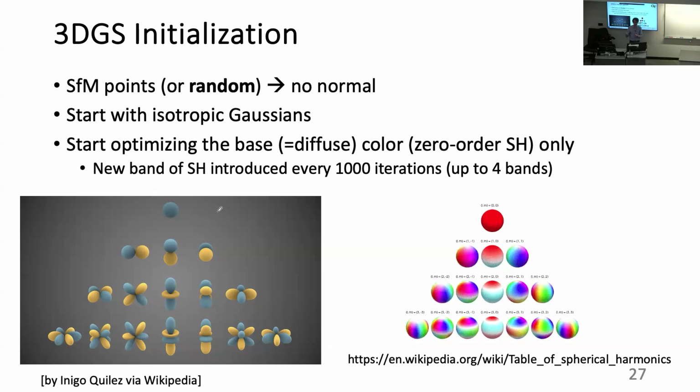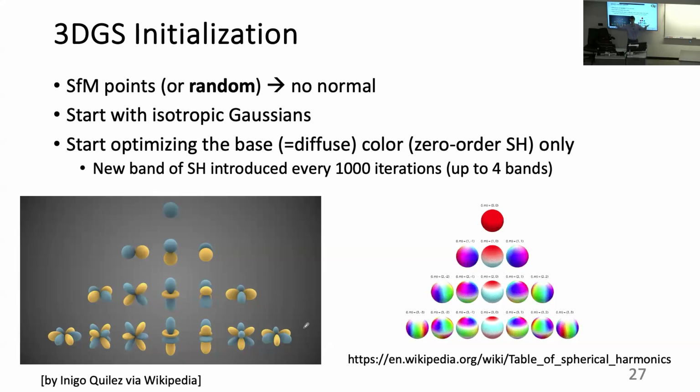And this is what they start optimizing for, just to get the diffuse color right, because they noticed that during optimization, if they just throw all of the spherical harmonic coefficients to the optimizer at once, the optimizer might start fitting these higher order spherical harmonic components and miss out on the diffuse part, especially if we have, for example, the side of our scene where we don't have a good closure from all the images.